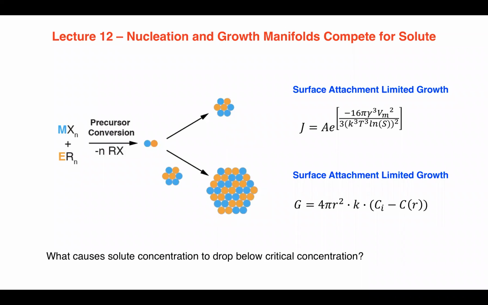In general, this is true for any kind of a reaction where you have initiation followed by propagation. If the initiation phase has a higher concentration dependence than the propagation phase, you'll get this sort of competitive scenario where the slow thing shuts off the higher concentration thing. And that tends to lead to narrow polydispersity in polymerization, for example.